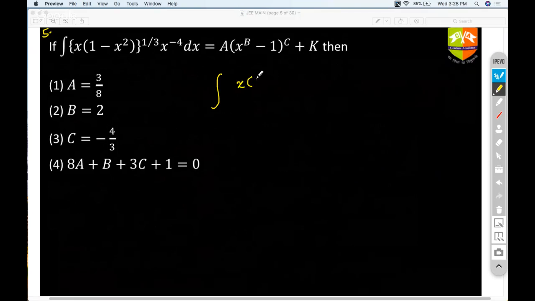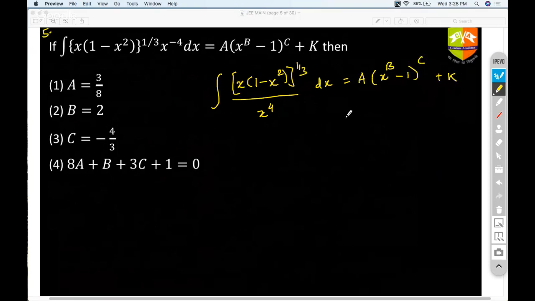So this is how you may write it: integral of 1 minus x square whole to the power of 1/3 by x to the power 4 dx. This is given to us as a times x to the power b minus 1 whole to the power c plus a constant.